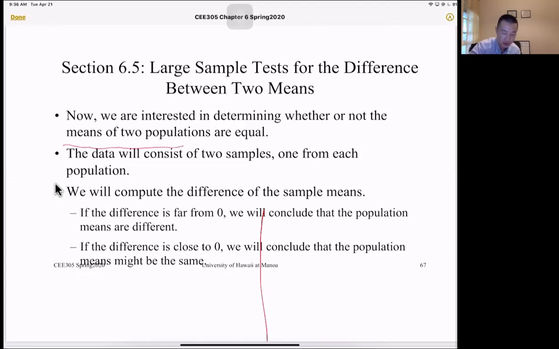We get two samples from two different populations. If the difference between these two samples is far away from zero, then we say the populations are different. If the difference is close to zero, then we say the two population means could be the same.